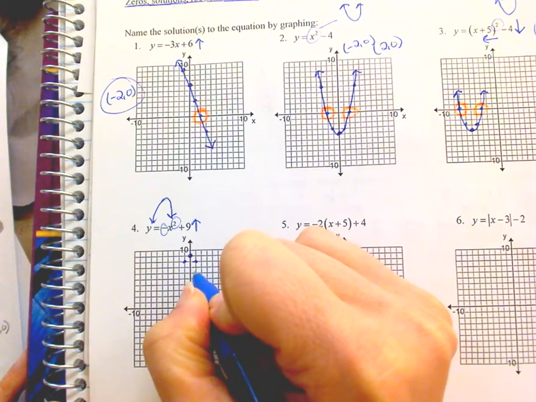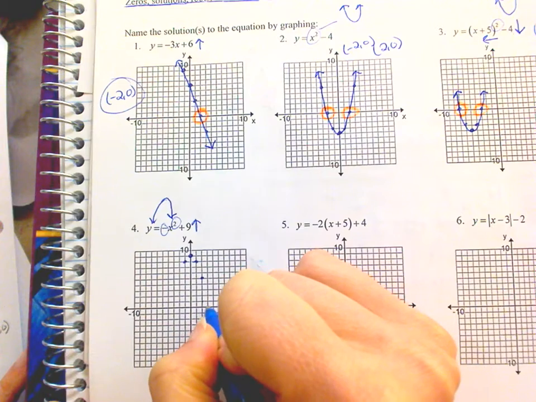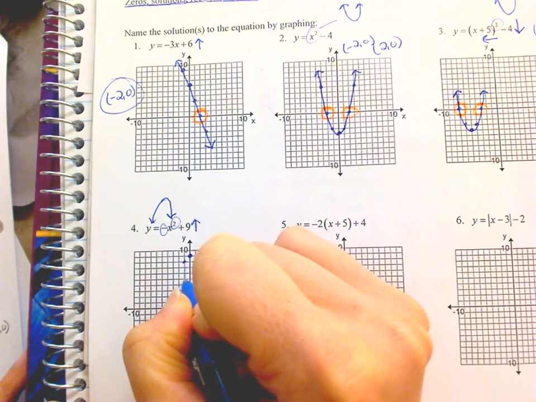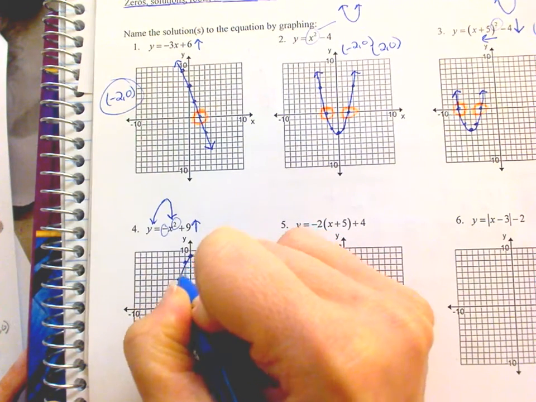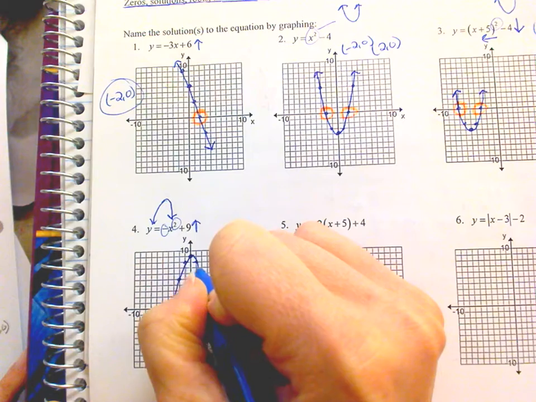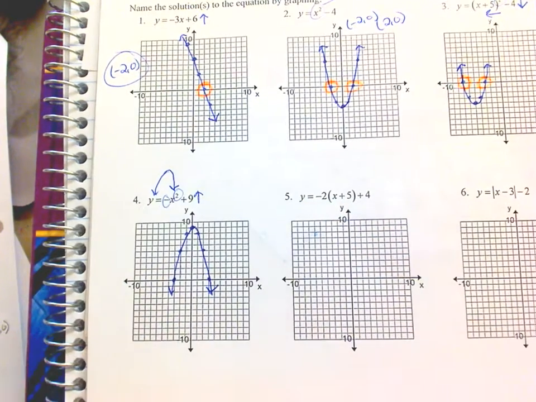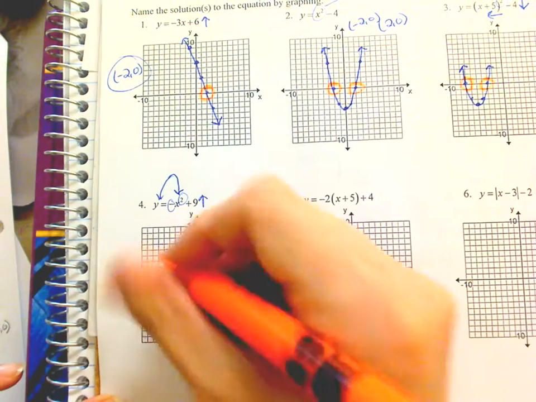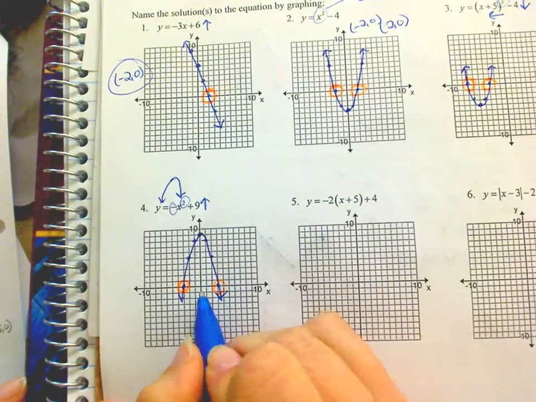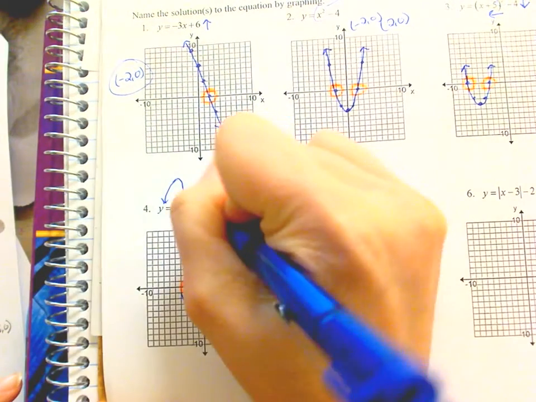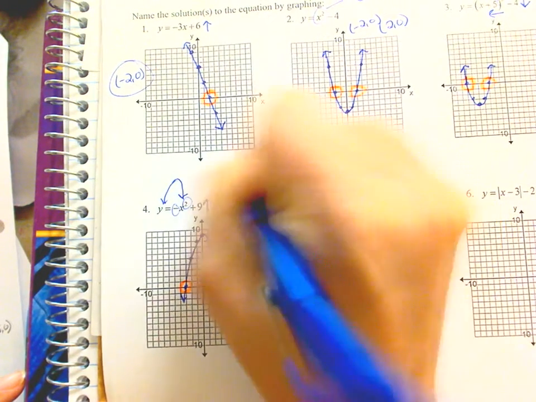And then from there, 1, 2, 3 down, out 1. 1, 2, 3, 4, 5, out 1. There we are. Your solutions are here and there. Those are both 3 out from your origin, so your solutions are negative 3, 0 and positive 3, 0.